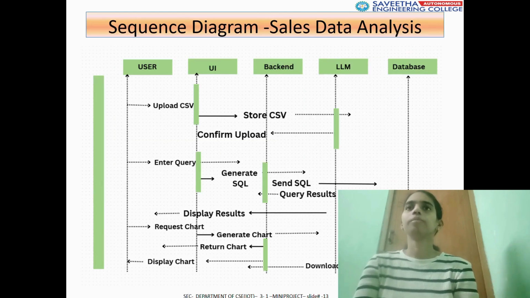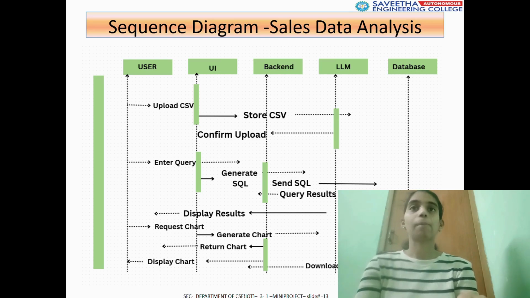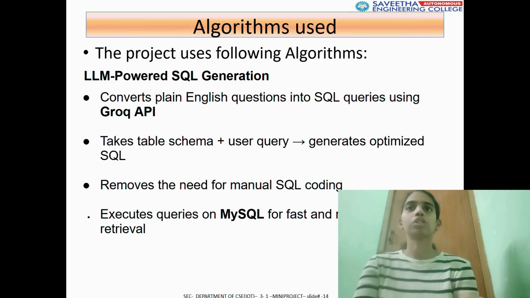And this is the sequence diagram. For example, I took a sales data analysis system, showing how the data moves from one interface to another: the user and the UI, how the backend works, the LLM we have used, and how the database interacts and gives the output to the user. These are all integrated in this sequence diagram.